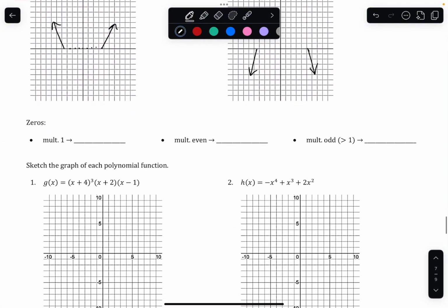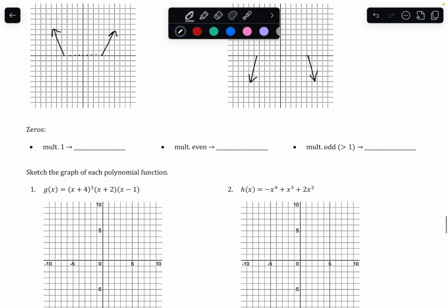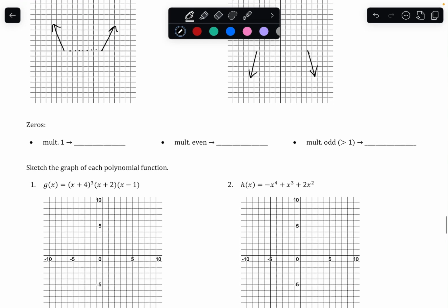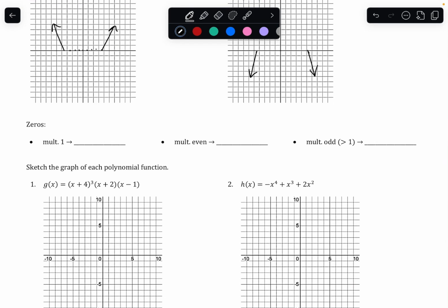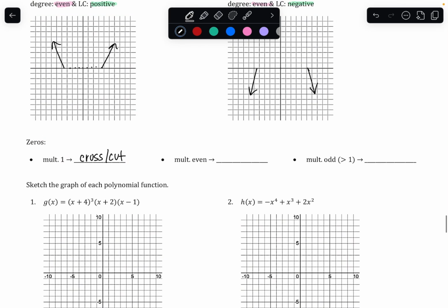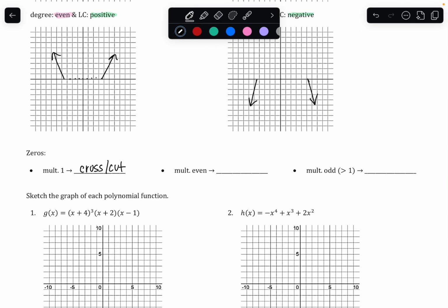The other thing we have to remember is how to classify our roots or our zeros. If you have the factored form of a polynomial and a factor appears one time, it is going to cross. Sometimes we call that a cut. It is going to cross at that zero. If the multiplicity is even, say 2, say you have x minus some number squared, it's going to bounce, and you can kind of picture your quadratic there.